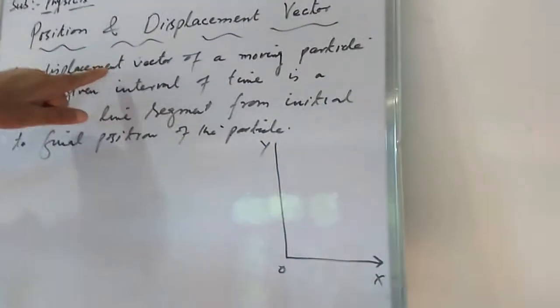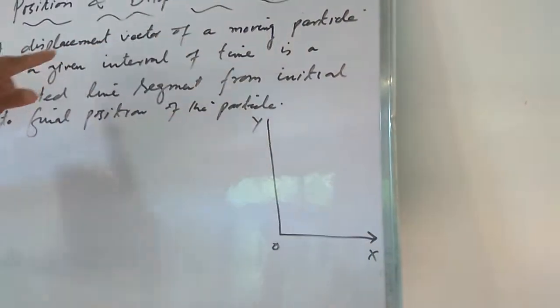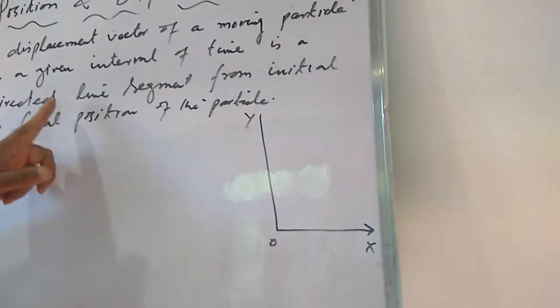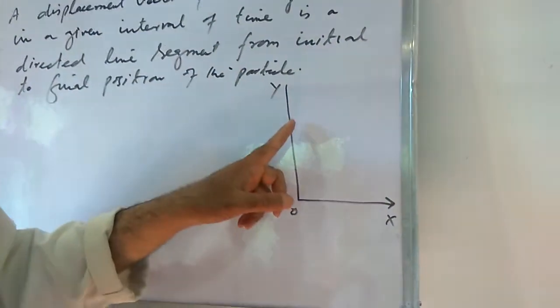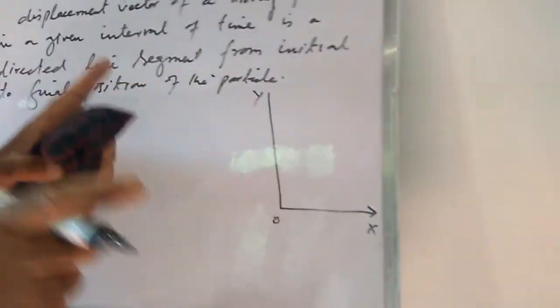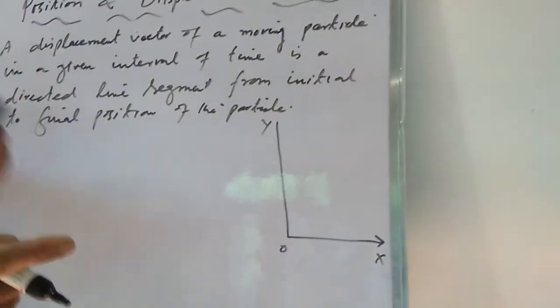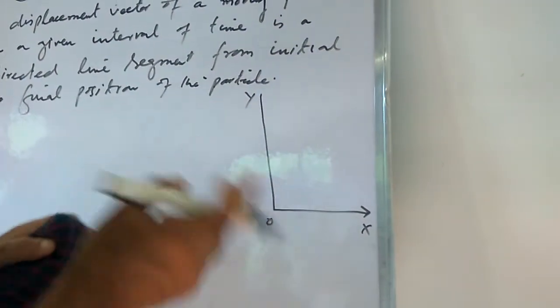A displacement vector of a moving particle in a given interval of time is a directed line segment from the initial to the final position of the particle. That means a line segment directed from the initial position to the final position in a given interval of time will give us the displacement vector.